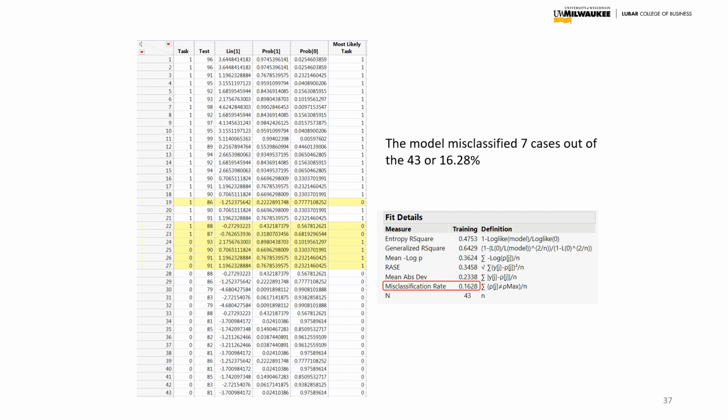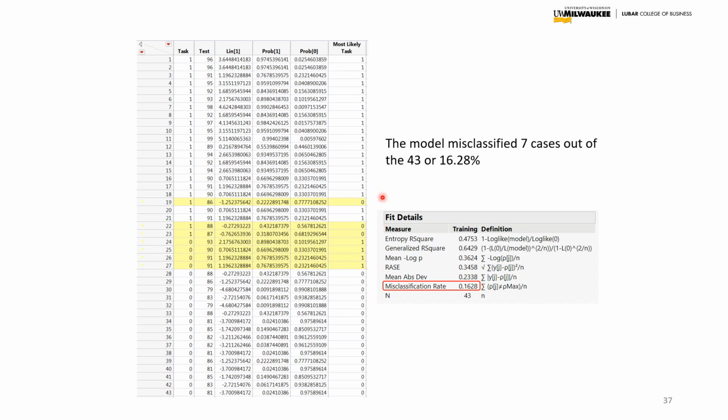Here's the JMP classification based on the default threshold. For predicted probabilities greater than or equal to 0.5, we find a classification of success or 1. For predicted probabilities that are less than 0.5, we see the classification of 0.